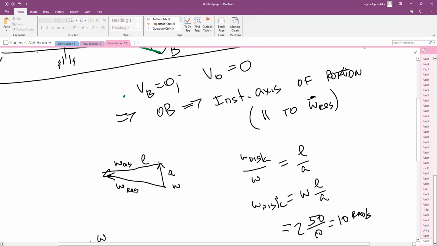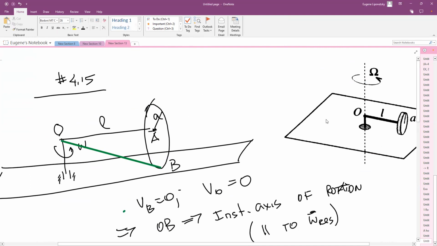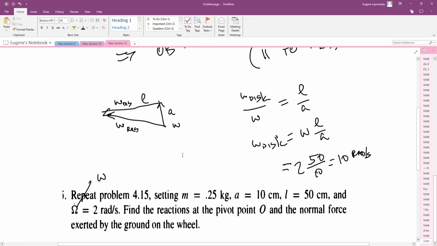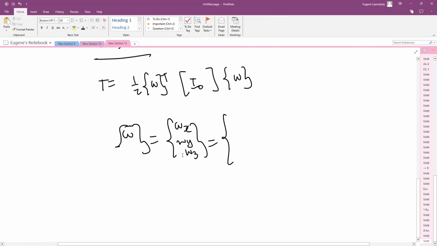Look at the picture. Let's call this one the x. This is y, and there's going to be z, right? Omega z equals that omega that is given, and the omega x will be minus this. It's going to be minus 10, 0, and 2 that is given.